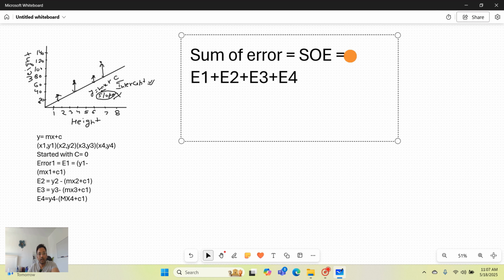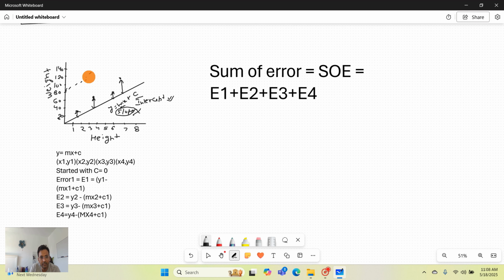So how will it work? If you see, as the line goes closer to the points, all the errors get reduced. But once the line is up here somewhere, then our error will start becoming negative based on our formula.